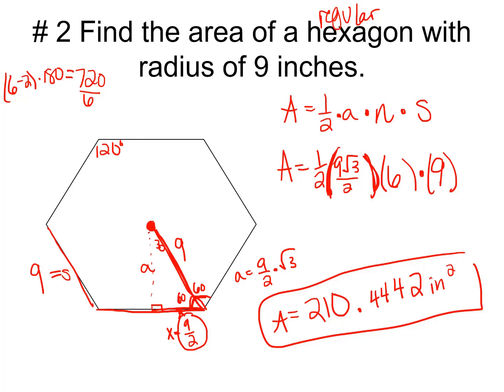Okay, so we got a 30, 60, 90 triangle in a hexagon, and that is going to happen in every single regular hexagon, but it only happens in hexagons because hexagons are special because of that characteristic of 720 getting divided by 6 getting to 120, half of that is 60. So you will notice when you're doing regular hexagons, if you break it up into the side and then draw the radii, this triangle is always going to be equilateral.